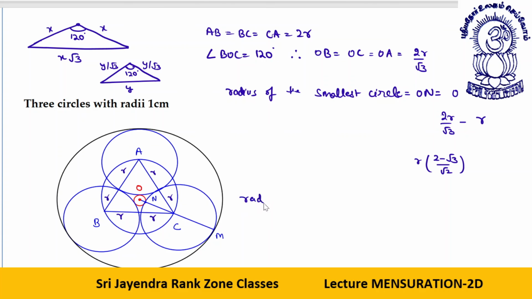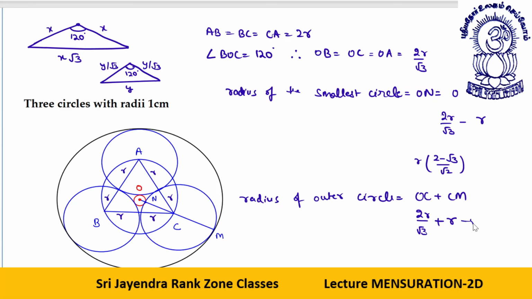Radius of the outer circle, radius of the circle which is circumscribing each and every circle, okay? Which is circumscribing the bigger circles, these three circles. So here what do we have? Radius of outermost circle. This will be what? See, dear students, this will be like OC plus CM. OC is 2R by root 3.